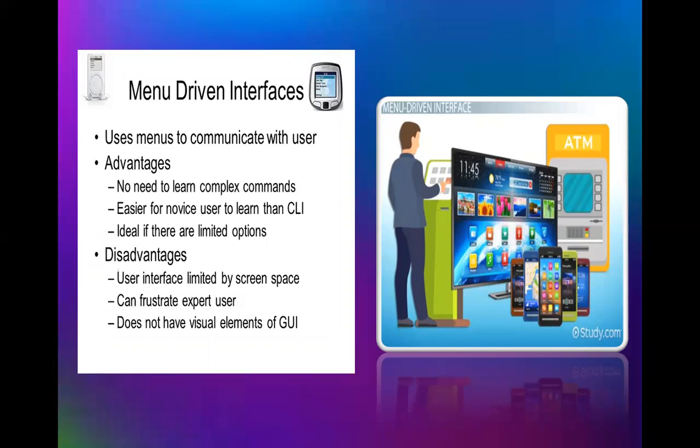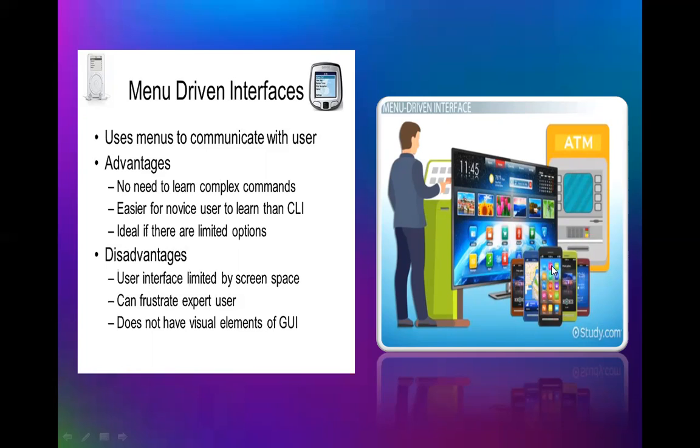As you can see in this figure, for example, a person uses an ATM machine for a money transaction or a money withdrawal. When they use an ATM machine, first of all, some menus appear on the screen, and the user reads these options and selects his option.